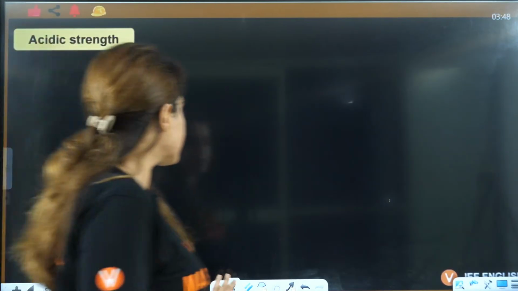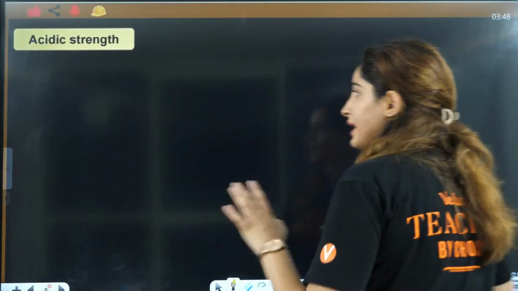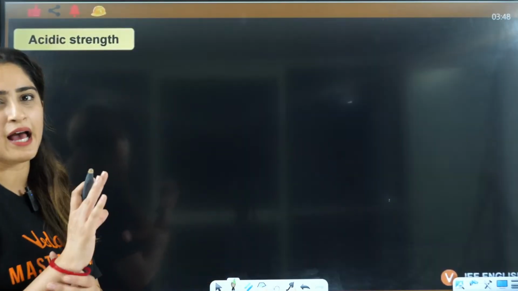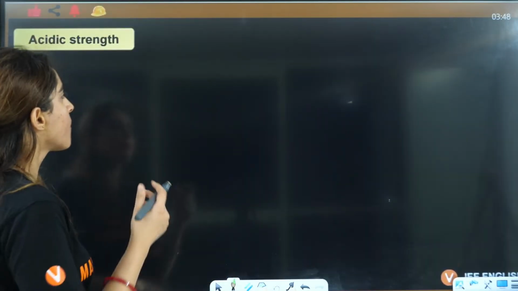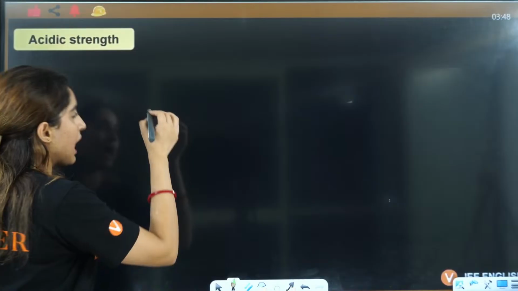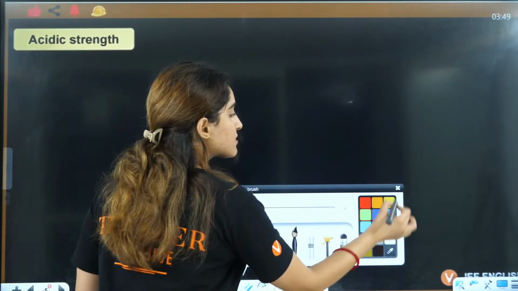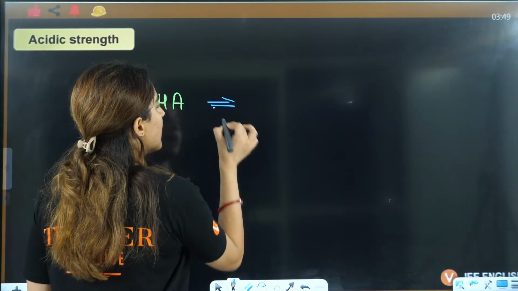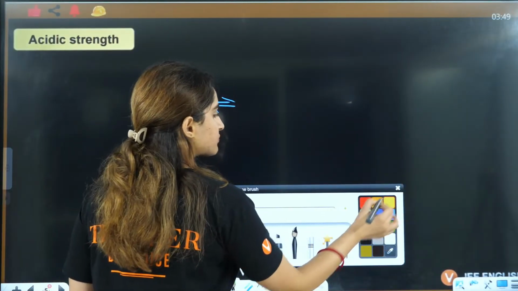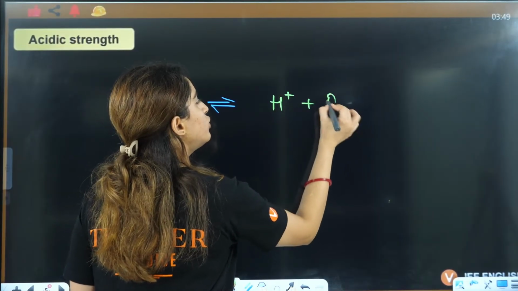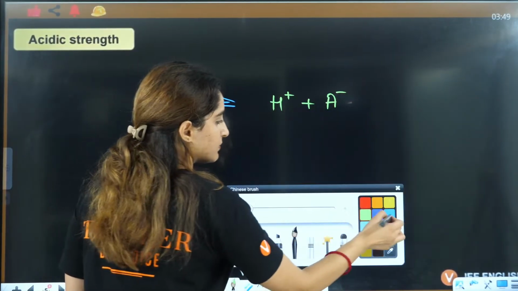Firstly, tell me what is acidic strength? A little bit I have told you before also. Acidic strength is, if you have HA, that is an acid, and here it is able to lose its proton.